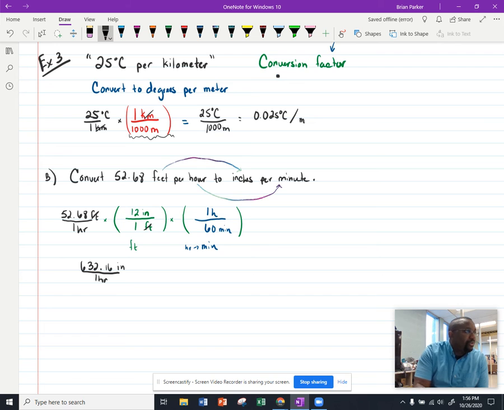But then remember, we're going to multiply that again. That was our first conversion, converting the feet to inches, and now we're going to do another conversion, converting the hours to minutes. So we're going to multiply by the 1 hour and the 60 minutes, which really just ends up being 632.16 divided by 60, and that's going to give us 10.536 inches in 1 minute.